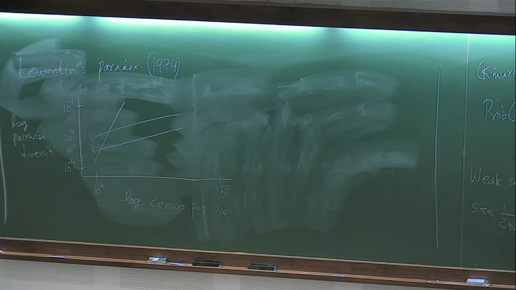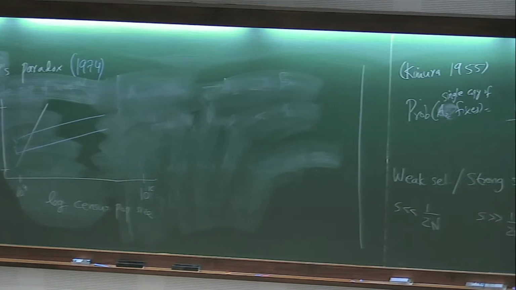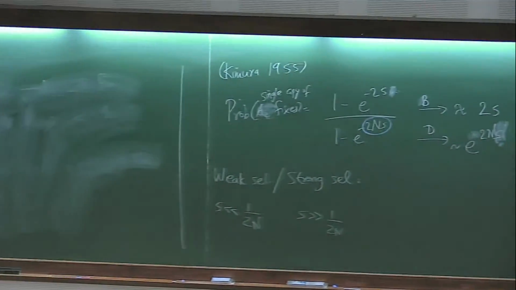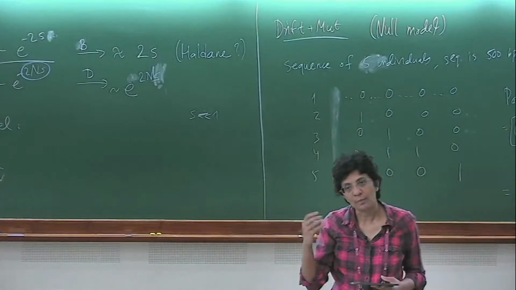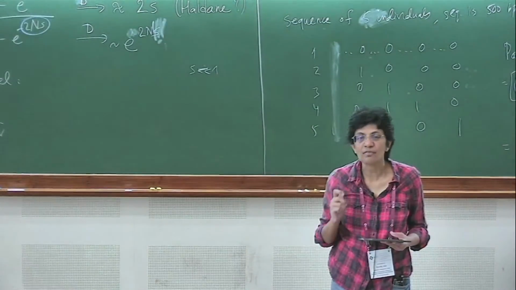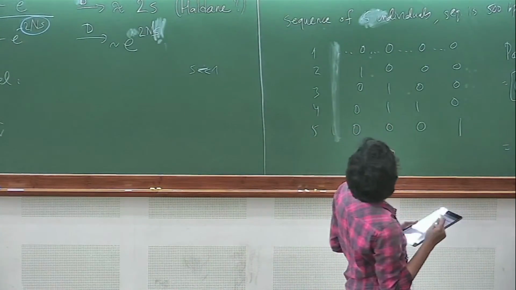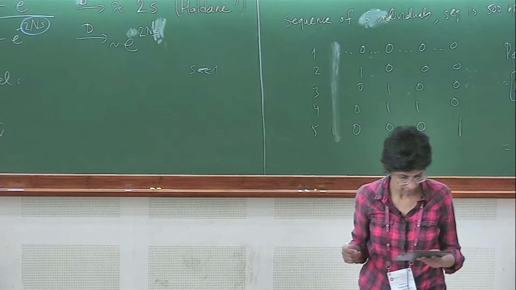I've sent you this review by Charlesworth and Jensen, on the ICTS website. It reviews some of the reasons how we can probably explain this. Unfortunately, we still don't have a complete answer, but I will briefly explain some of the reasons that may be responsible.